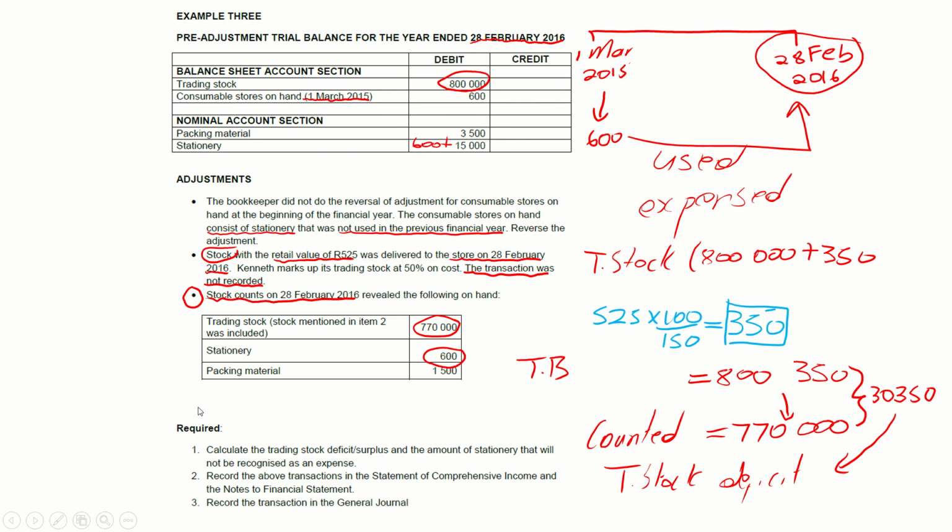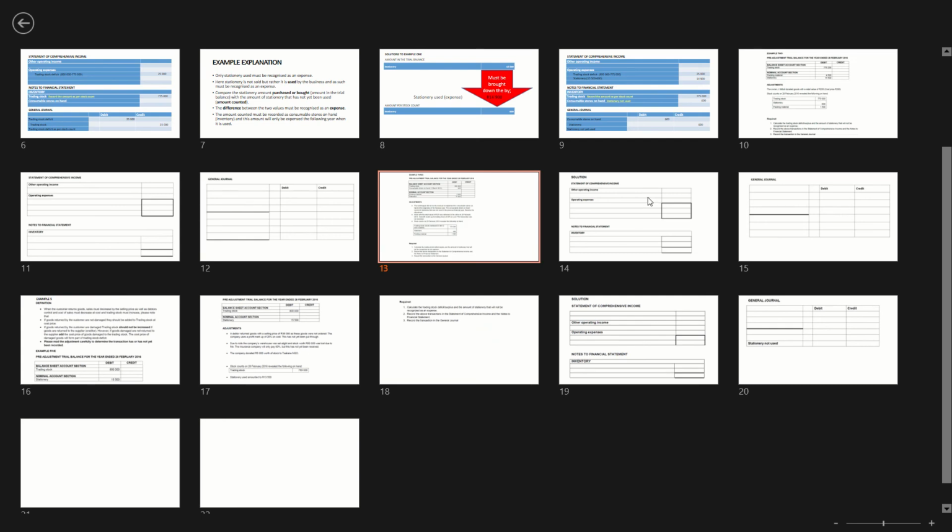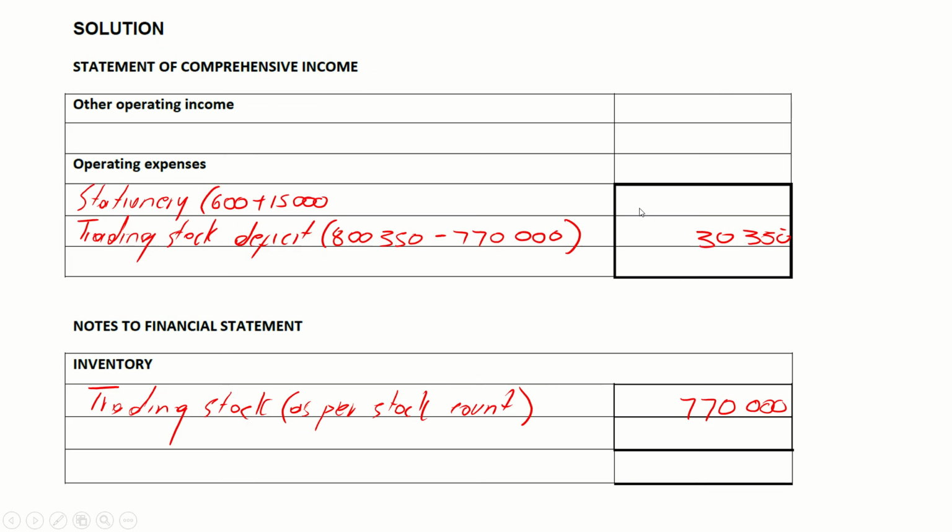As I've said, that 600 tells us that 600 worth of stationery that we had was not used. So what do we need to do with that 600? You go back to the statement of comprehensive income and then you minus 600 rand. Meaning that your stationery expense for the year will be 15,000 rand.